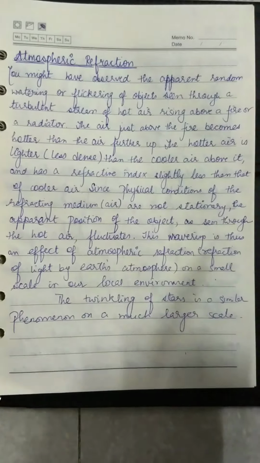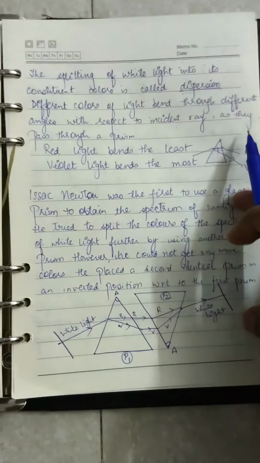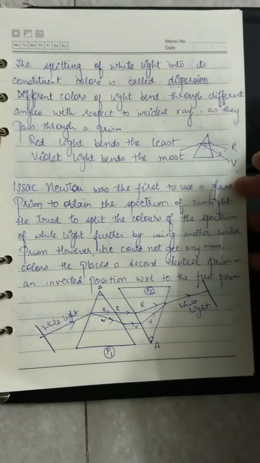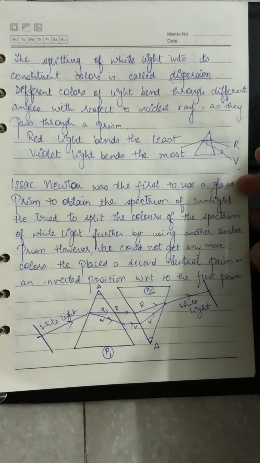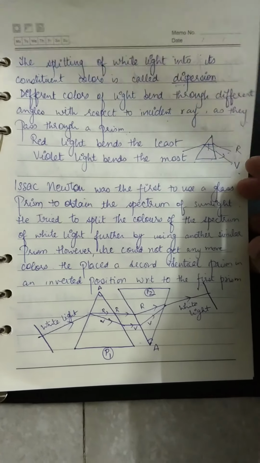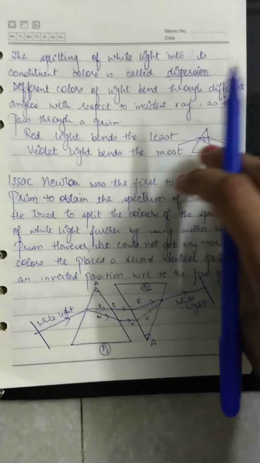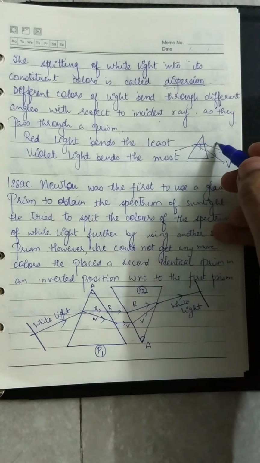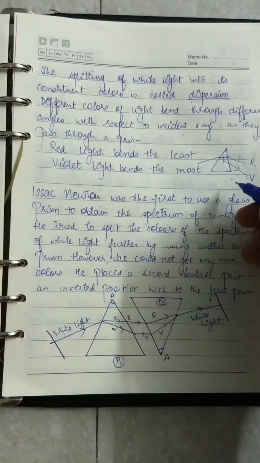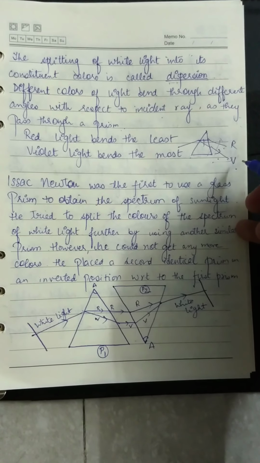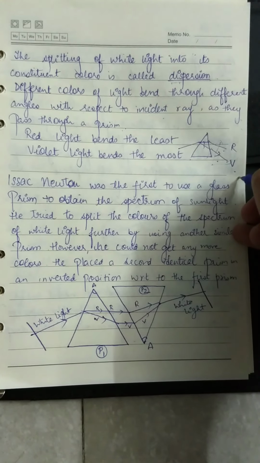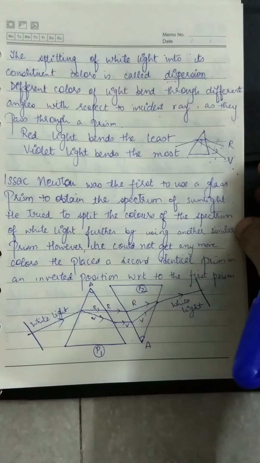Isaac Newton was the first to use a glass prism to obtain the spectrum of sunlight. He tried to split the colors of the spectrum of white light further by using another similar prism. So he inserted the same prism here and thought that more colors would be obtained. But instead only 7 colors were obtained and no new colors were there.